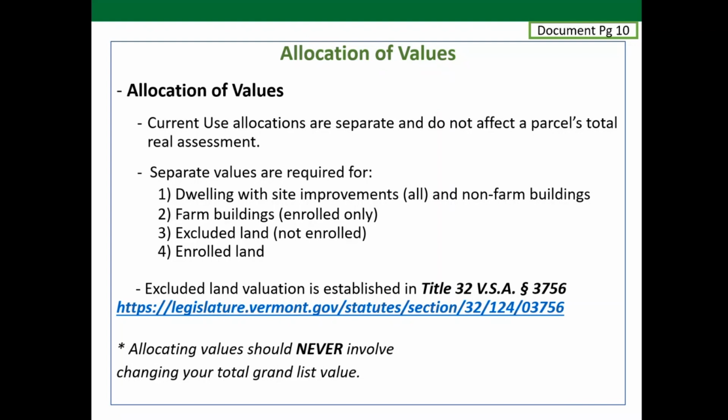Anything there, Christy? Yep, you are trying to take your existing data and allocate the pieces to get all of them to add back up to what you had for a listed value. You're not trying to change anything because of current use being in place. Absolutely.